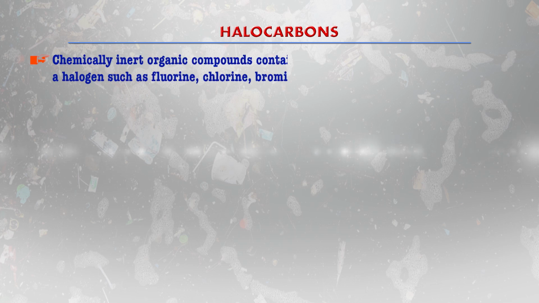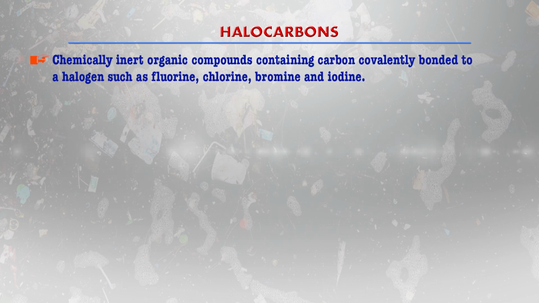So, one category of these is halocarbons. Now, halocarbons, you know that these are the organic compounds in which carbon is covalently bonded to a halogen. So, halogens are fluorine, chlorine, bromine and iodine.